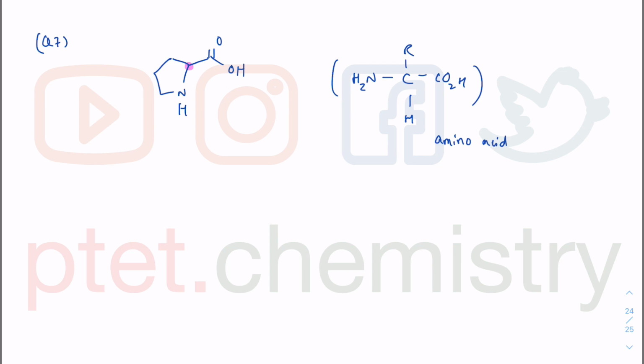As a result of this, we say it has a secondary amine kind of linkage, where you have a nitrogen bonded to one hydrogen and two carbons like this. So you have proline bonded to glycine, and you should know that glycine is where R is equal to H, because it's the simplest amino acid.